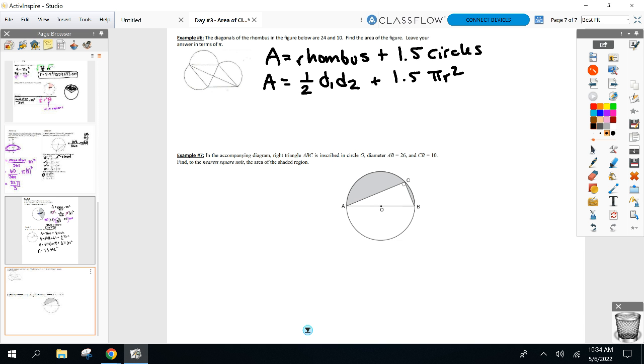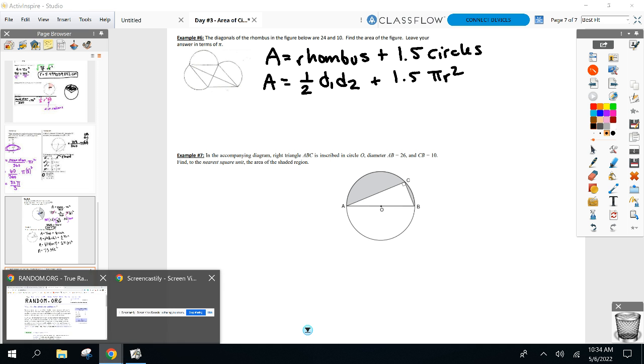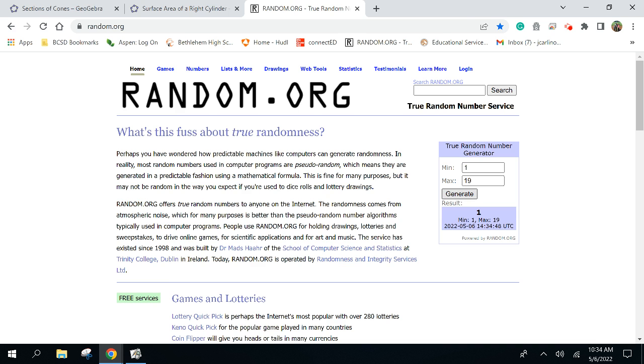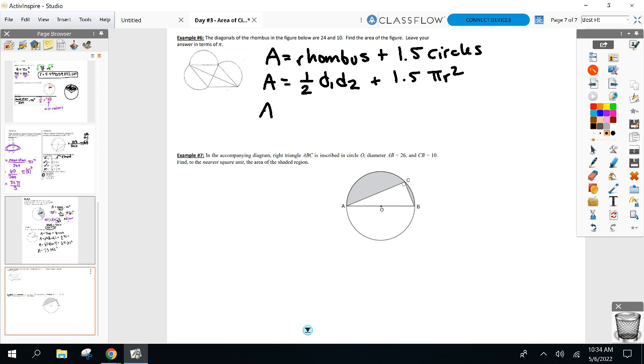Read through the problem, because one of those figures is a lot easier to find the area of than the other. Do I know anything about the diagonals of the rhombus? George, what do you know about the diagonals? They're equal. No, they're not.